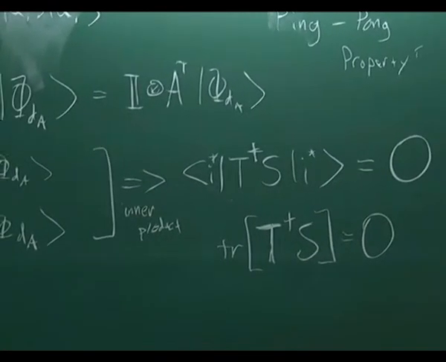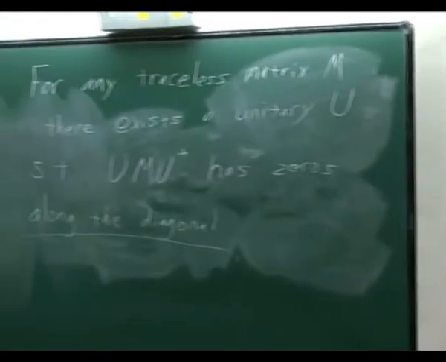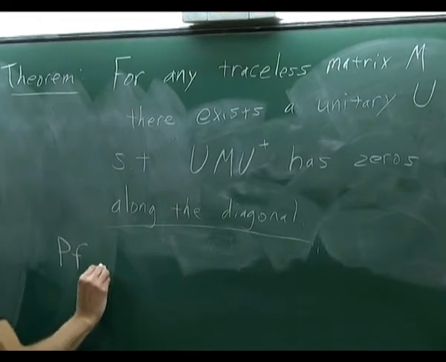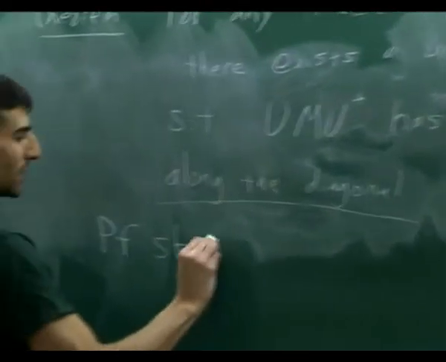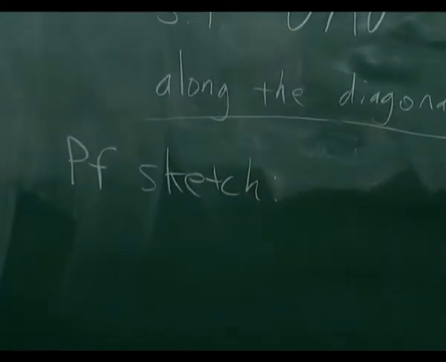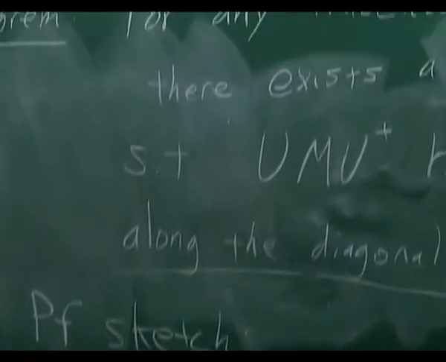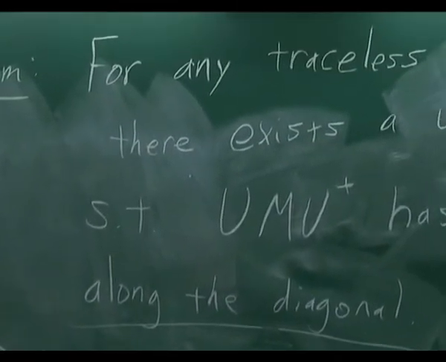Okay, so how does this proof go? Well, it's actually not too difficult to see, at least the idea of it. So, a proof sketch, and as an exercise you can fill in the details. The idea is that this matrix is traceless.